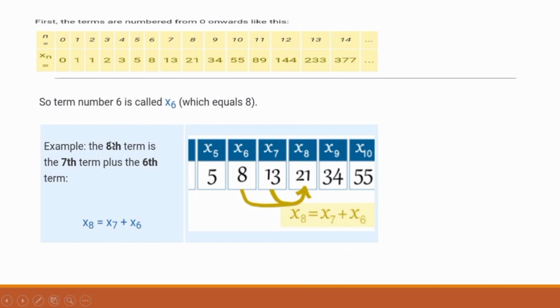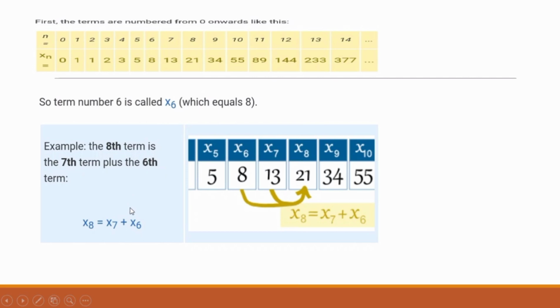Example, let us get the 8th term using the formula. Okay? So, example, the 8th term is the 7th term plus the 6th term. So, halimbawa, hindi pa natin alam yung value ng 8th term, which is 21, di ba? So, halimbawa, hindi natin alam yan.